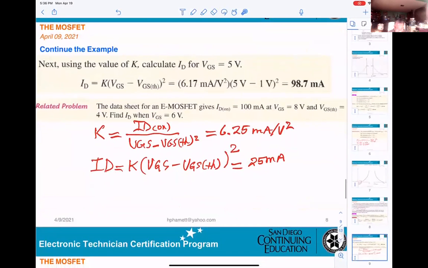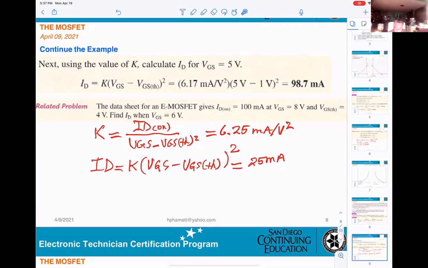Now, using the value of K, you're able to calculate the ID for VGS equal 5. So ID equals K times (VGS minus VGS(th)) squared. The K we already calculated is 6.17 milliamp per volt square, times (5 volt minus 1 volt) squared.